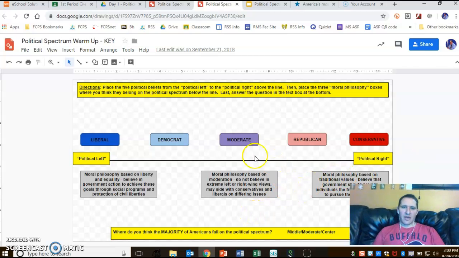And the moderate are kind of in the middle, depending on the issue. They might be a little to the left, a little bit to the right, but generally they're in the center. And the majority of Americans fall somewhere in the political middle between Democrat and Republican, although it seems that our political climate is becoming much more polarized between the far right and far left.